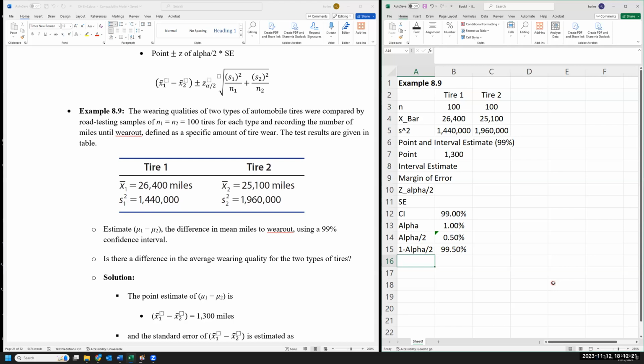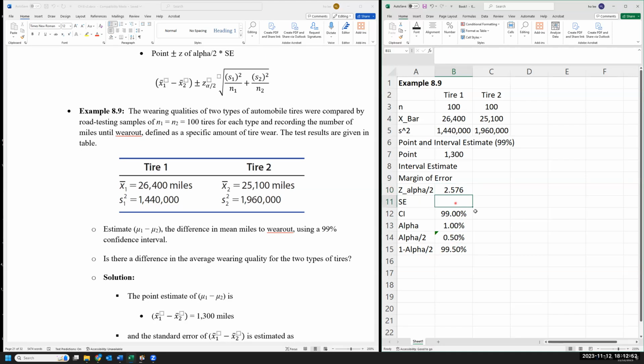So then the z of half an alpha is equal to NORM.S.INV of this. And that will give us the cutoff, which is 2.576. That puts 0.5% in the right tail and 99.5% to the left.